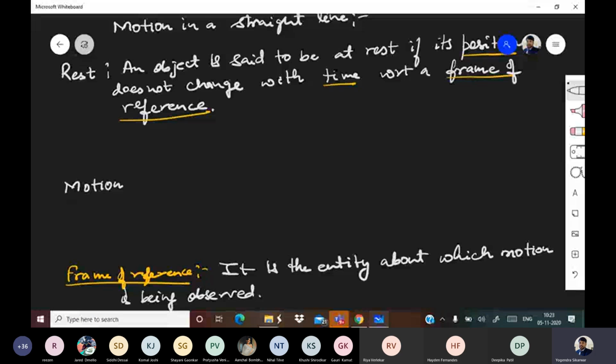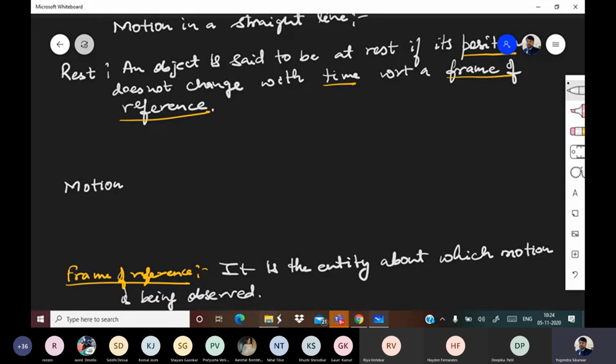Your frame of reference can be at rest also. If a person is sitting next to you, that's a stationary frame of reference. But if the same person starts moving or some other person starts moving, that will be a moving frame of reference. Frame of reference can be unaccelerated also. It can be accelerated also.